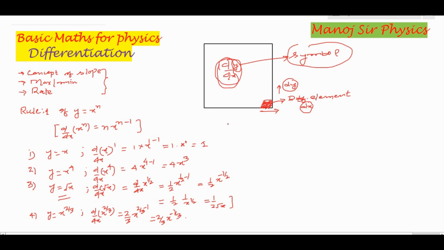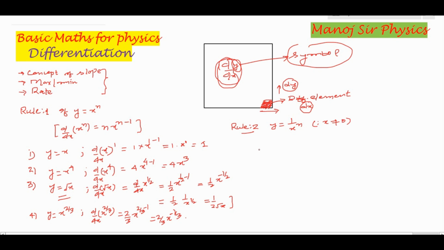Now, rule number 2 I am going to discuss. If suppose that you have y is equal to 1 upon x raised to power n. The inverse you have to write here. And one thing is completely understandable, that x can never be 0 here.